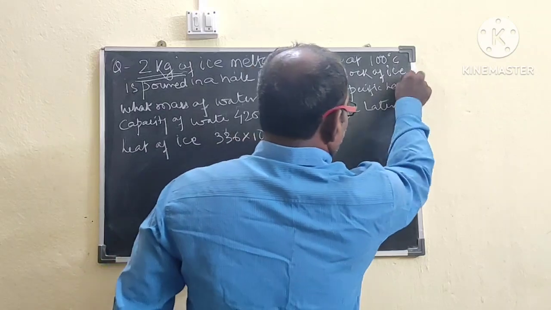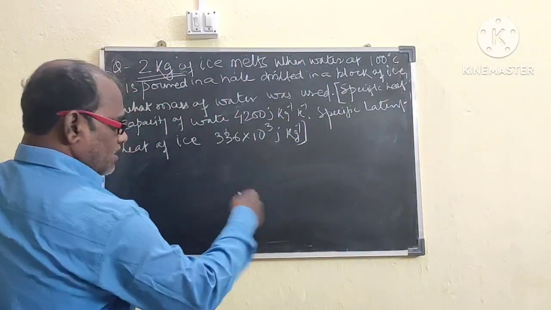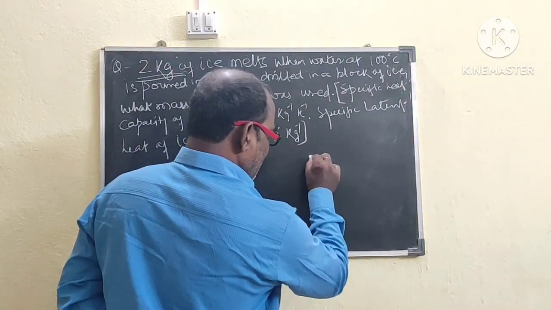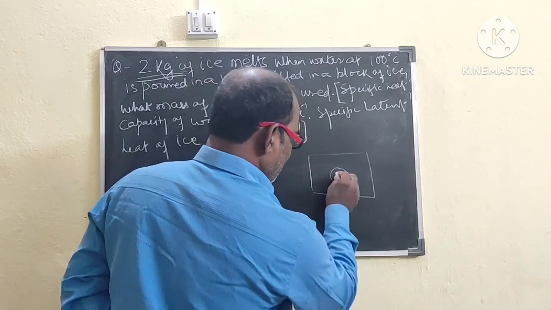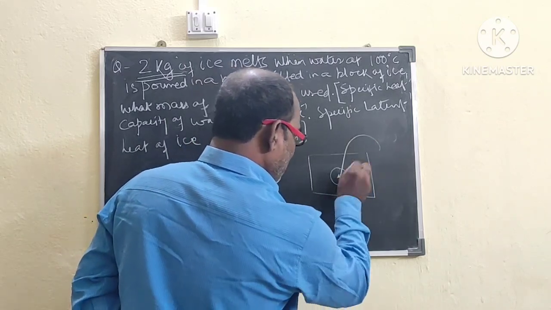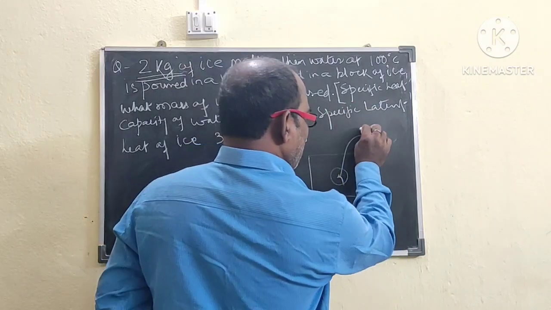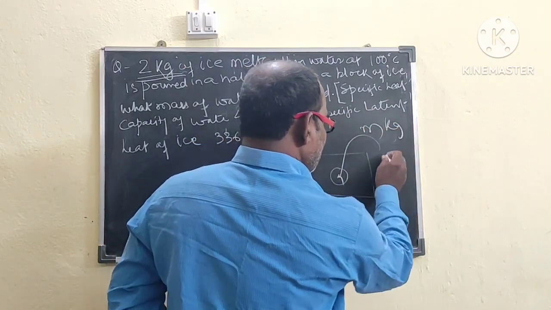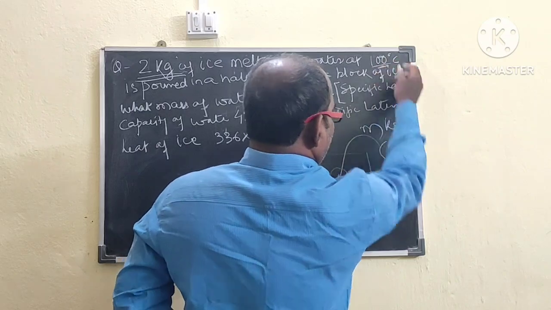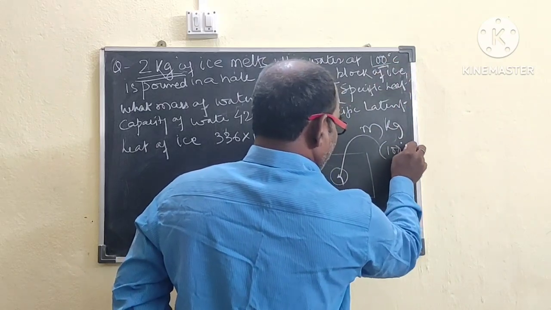Okay, it is poured. So let us draw a diagram here. Suppose this is a block of ice and here a hole is drilled. In this hole you are pouring water, certain mass of water, let that mass of water be m kg, which is at 100 degrees Celsius.